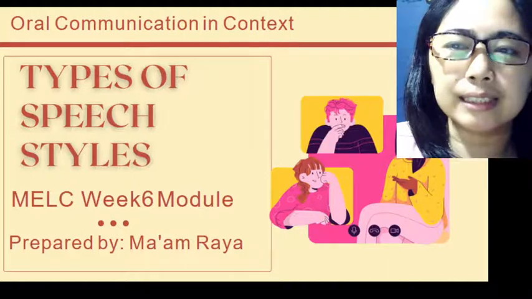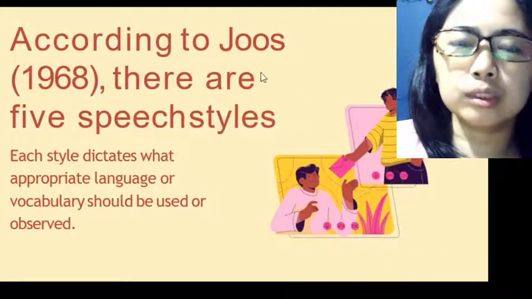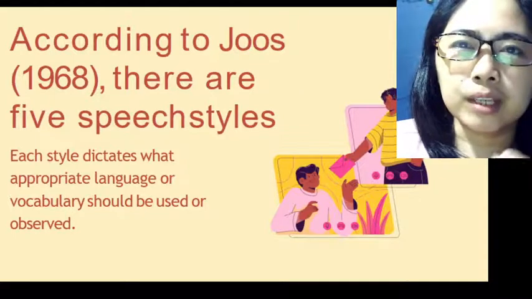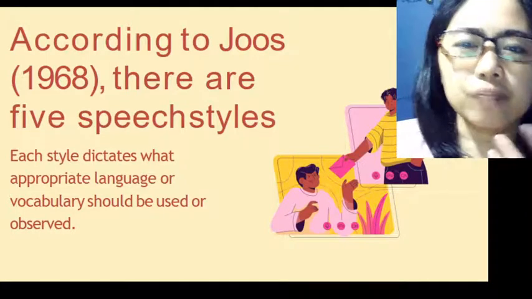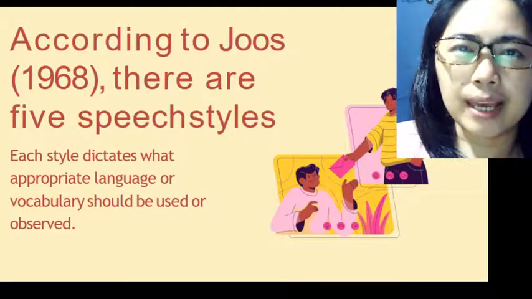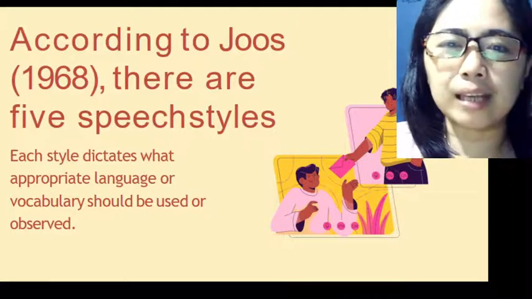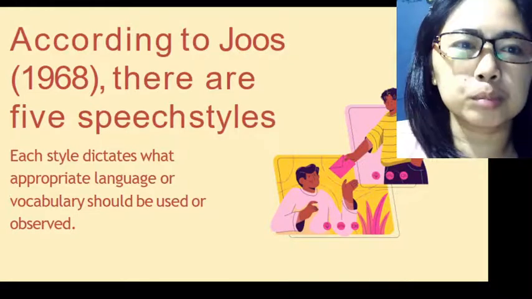Okay, that's from 1968. So Joos specified five speech styles. These are the intimate, the casual, the consultative, the formal, and the frozen. Each style dictates what appropriate language or vocabulary should be used or observed.